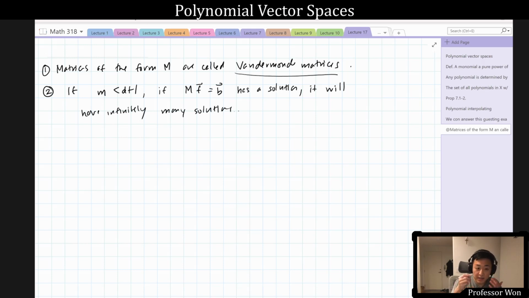On the other hand, if M is greater than D plus 1, then you may have no solutions. Of course, you may have solutions. Again, if you have 10 points, there might be a degree 1 polynomial that fits it if they happen to all lie on the same line, right? So there could be a solution.